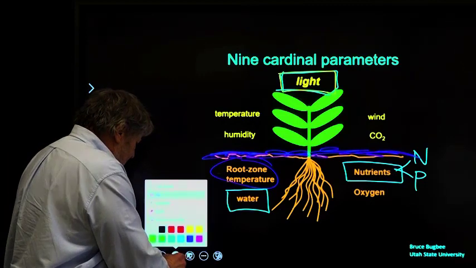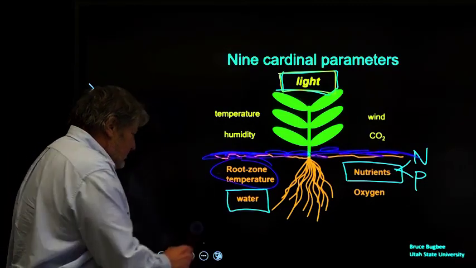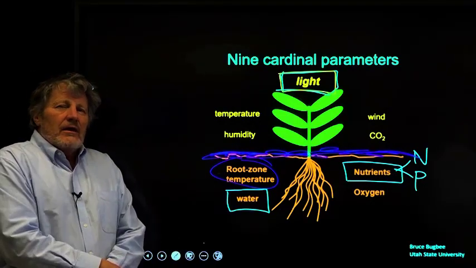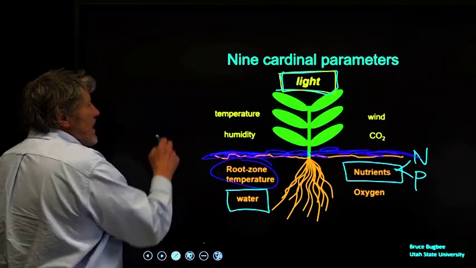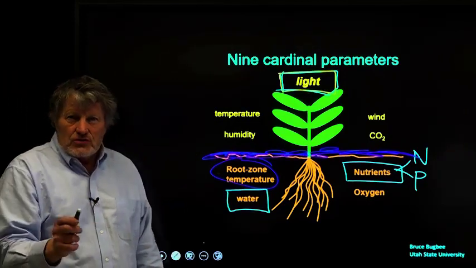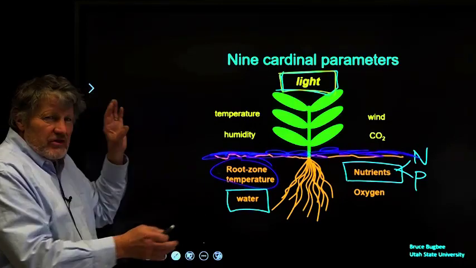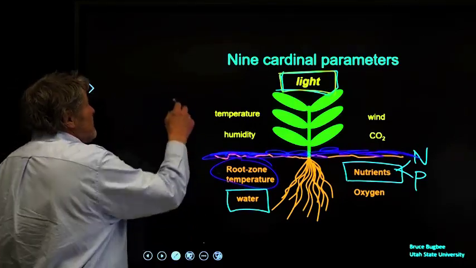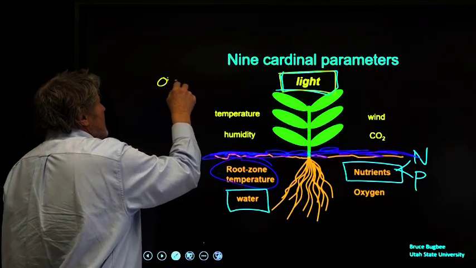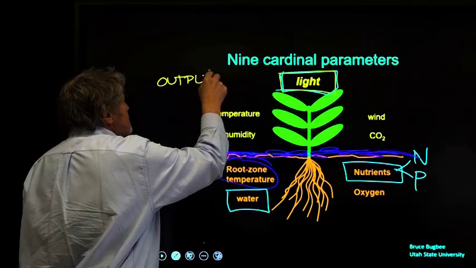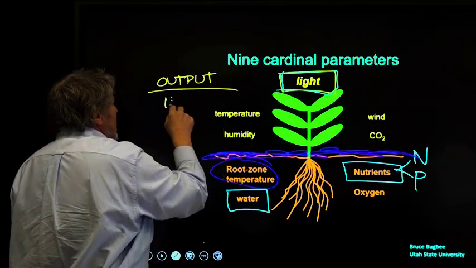When we analyze this, back to yellow, in this model, we're looking at the efficient use of every parameter. That's what models help us with. What are the inputs? What are the outputs? So efficiency of a system is the output over the input.